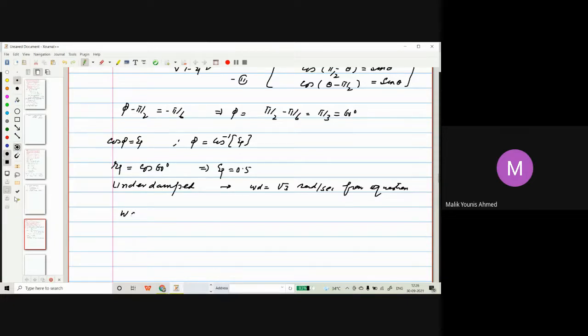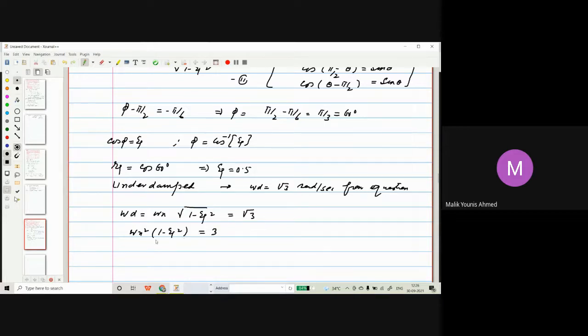Omega d, we know, is omega n under root of 1 minus xi square, and that value is equal to root 3. So we have the value of xi. I can square it: omega n square times 1 minus xi square is 3.